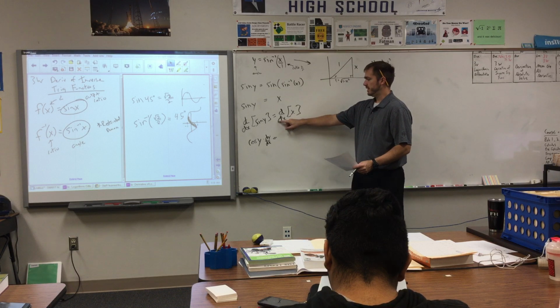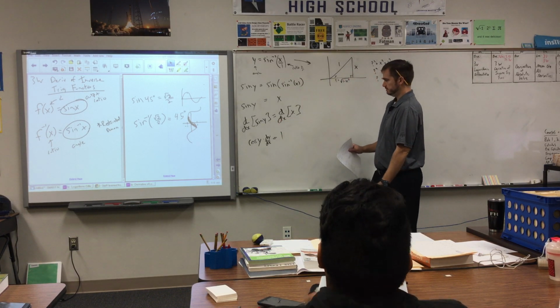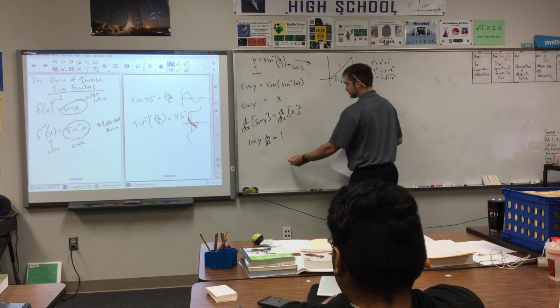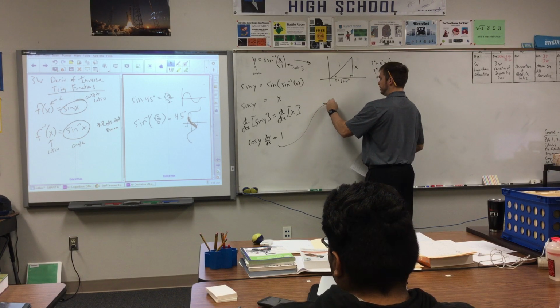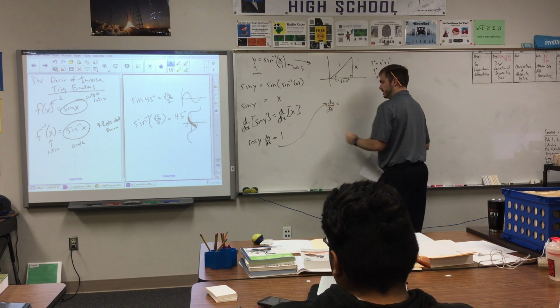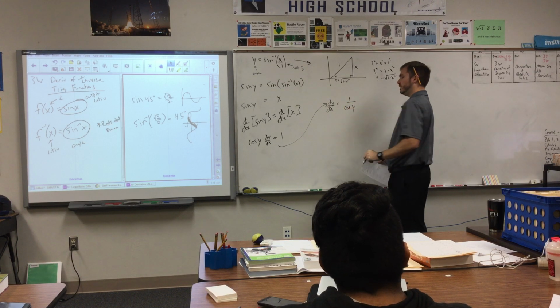What's the derivative of x? 1. So, getting that up here, dy over dx equals 1 over cosine y.